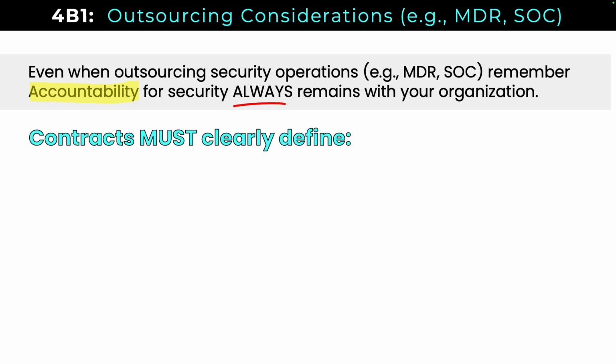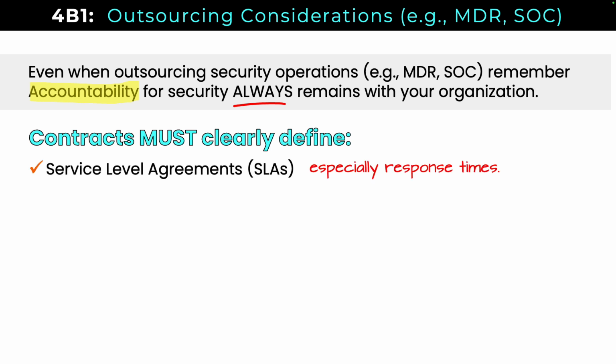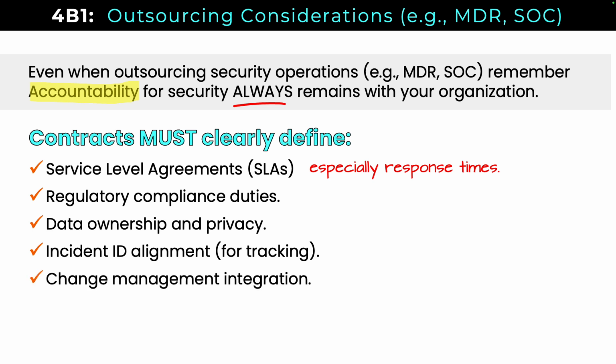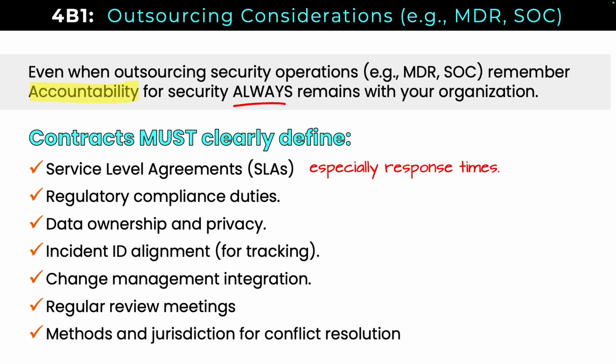So the contract needs to clearly define your service level agreements, especially response times, regulatory compliance duties, particularly important if we're in a regulated industry like healthcare or financial services, data ownership and privacy, incident identification alignment for tracking, change management integration, regular review meetings, methods and jurisdiction for conflict resolution.